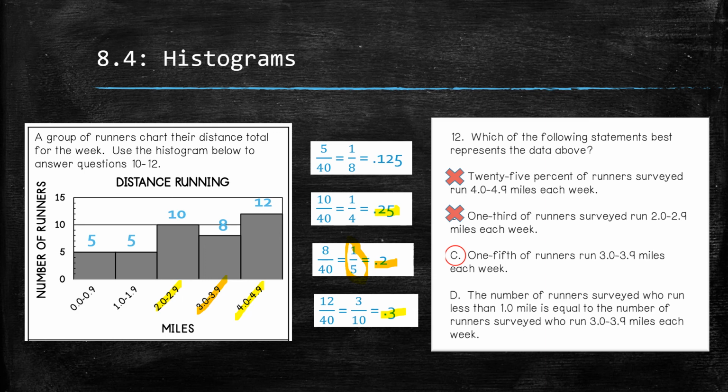The number of runners surveyed who run less than 1 mile is equal to the number of runners who ran 3 to 3 9/10 miles each week. Well, when I look at the 3 9/10, that's not equal to anything else. So right there, I know that is not true. It is comparing it to this one here, which is less than 1, and those numbers are not the same. So that is not correct.